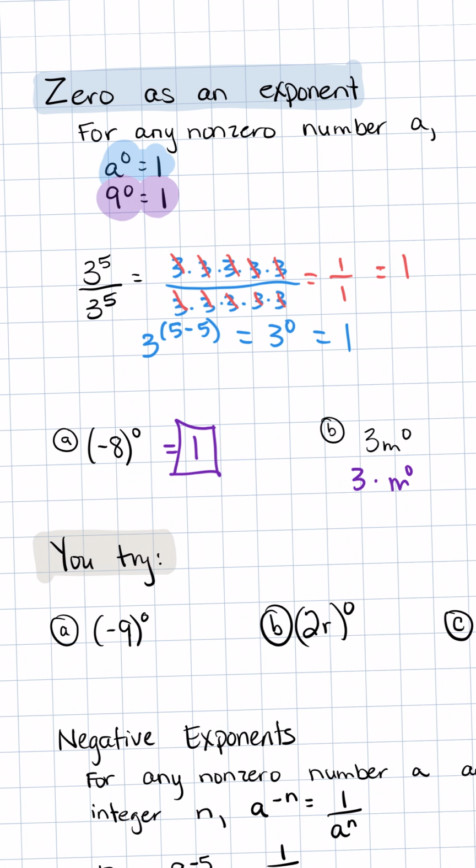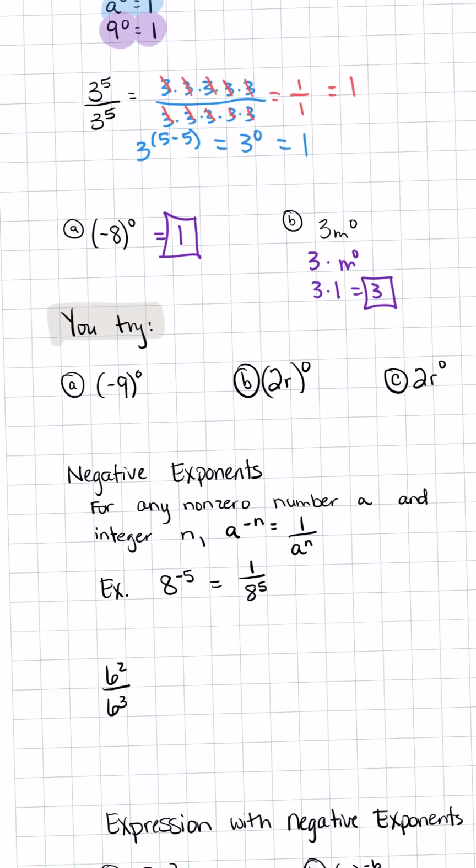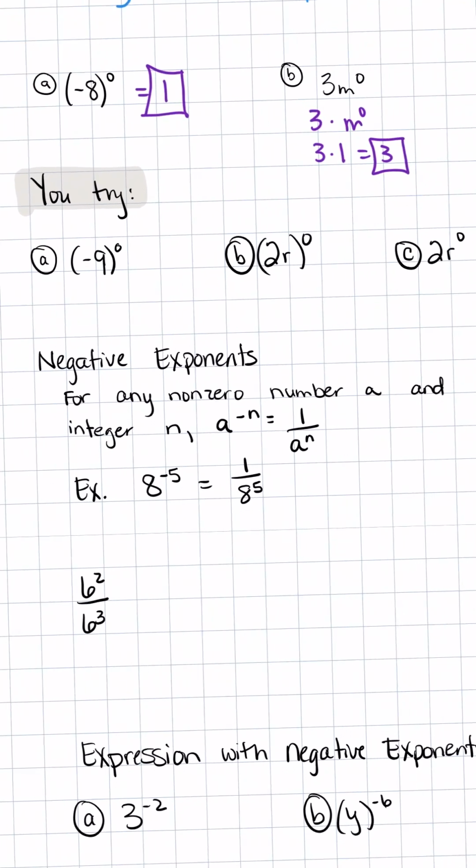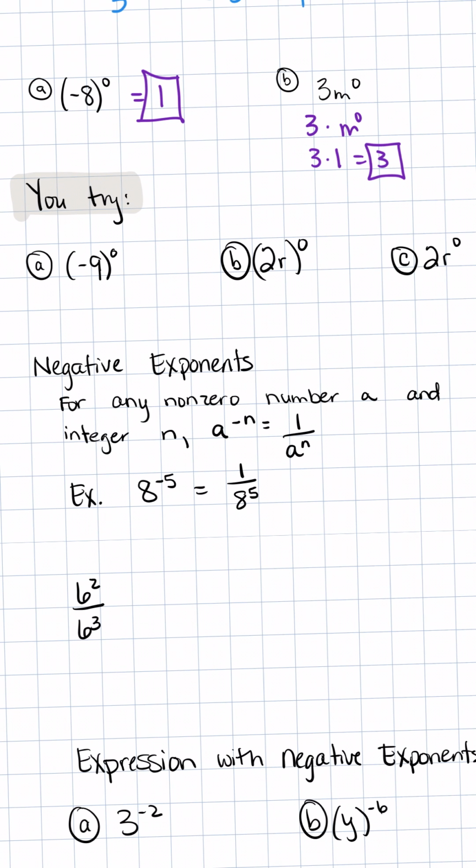M to the 0 power is 1. So then it's like 3 times 1. So your answer to this one equals 3. Okay, so be aware of those parentheses. This next one where you will try it will challenge you in that respect. Press pause, do these 3 on your own, come back to me when you're done.